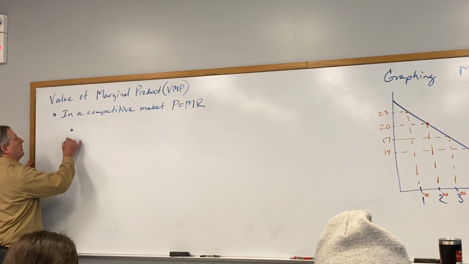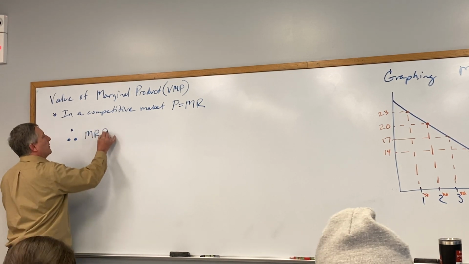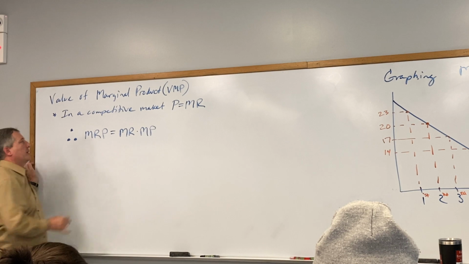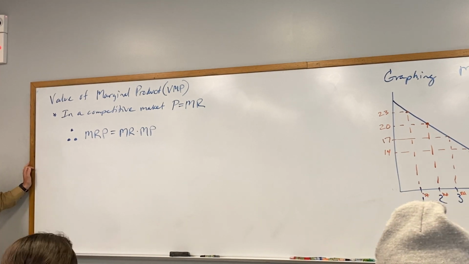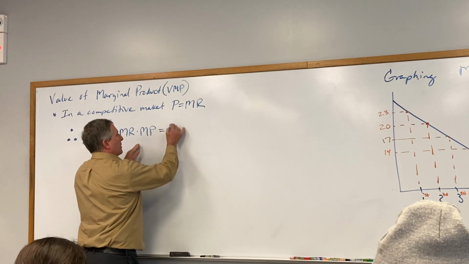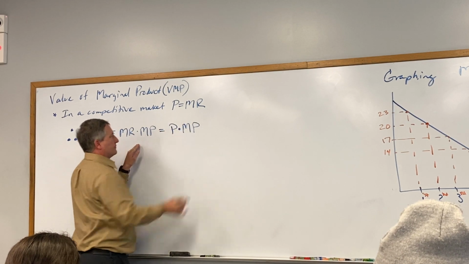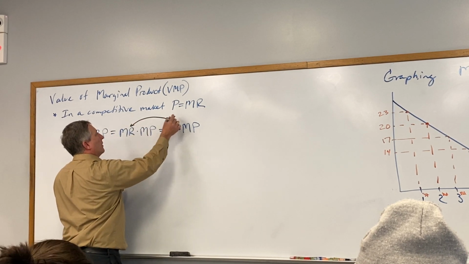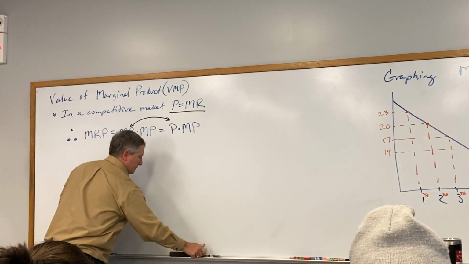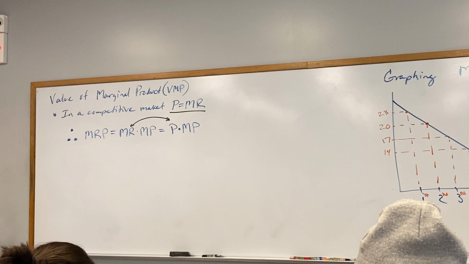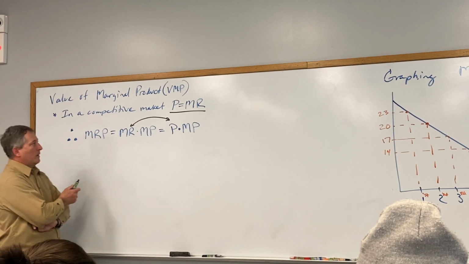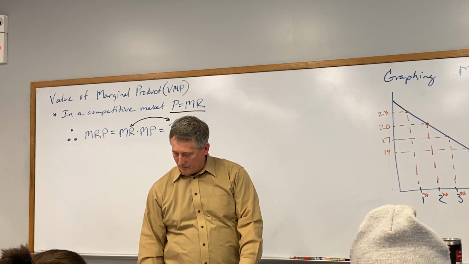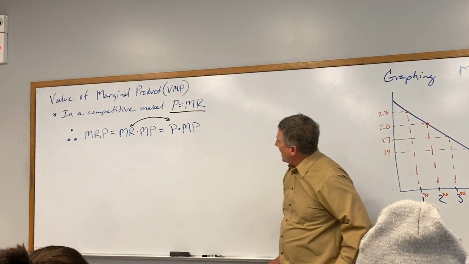And therefore, the marginal revenue product curve, equal to the marginal revenue times the marginal product, I'm just restating what we did earlier, is now equal to the price times the marginal product, because these two things are equal. So that's in the case of a price taker.